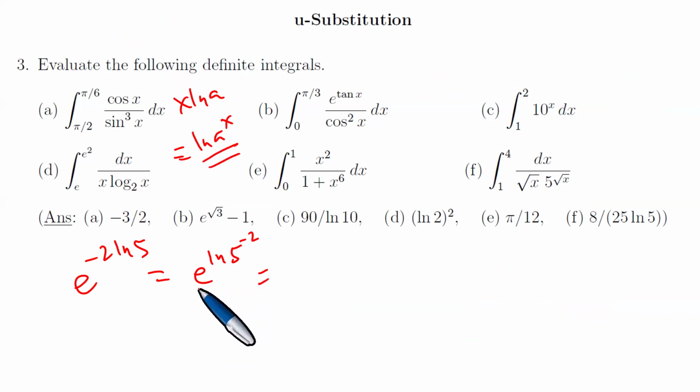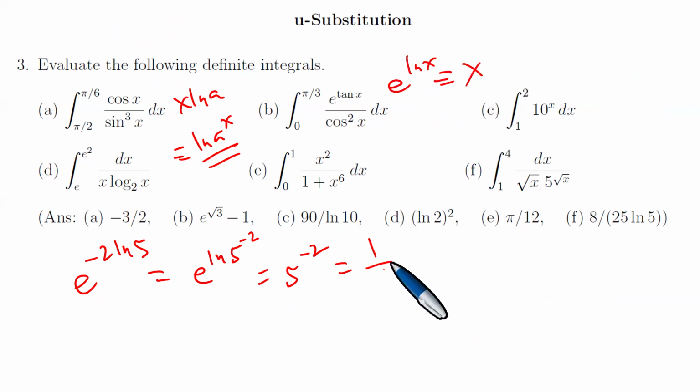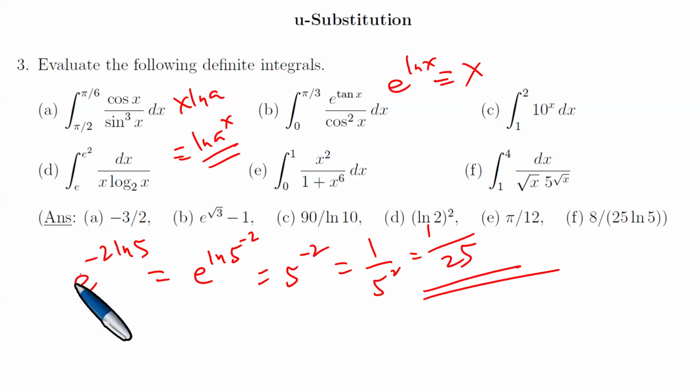Once you take the minus 2 inside, e cancels the ln, because e to the ln x is just x. So you are left with 5 to the minus 2, and 5 squared is 5 by 5, which gives us 25. So this is the same as 1 over 25.